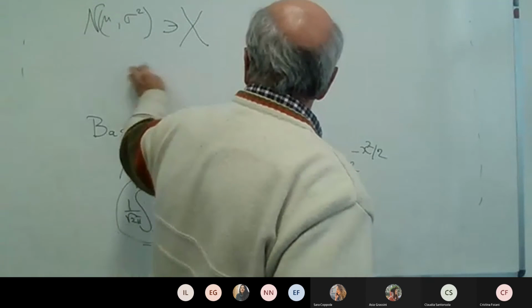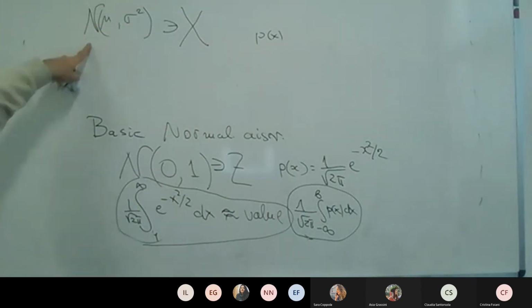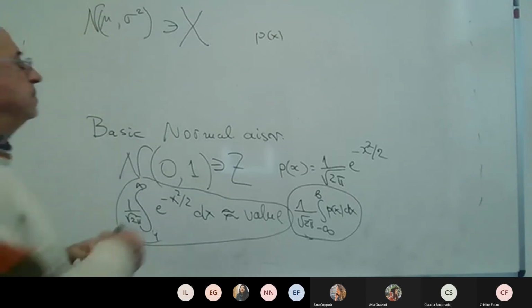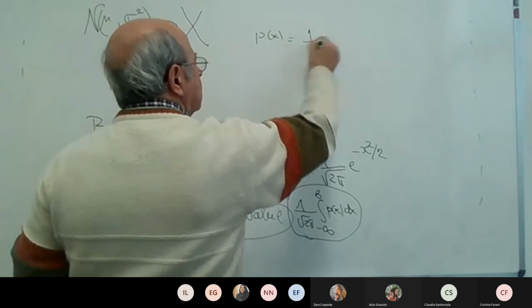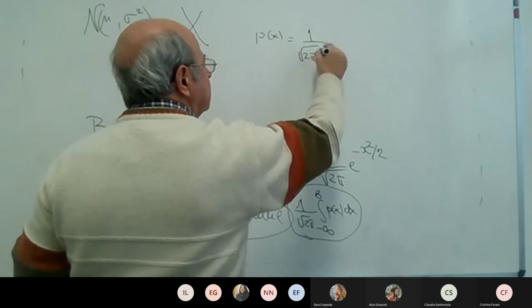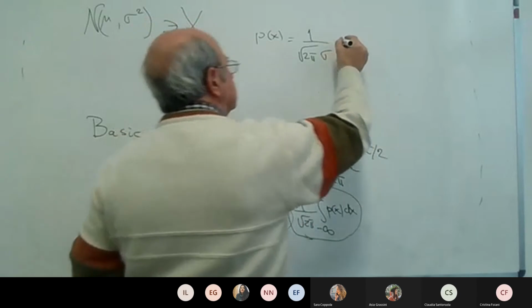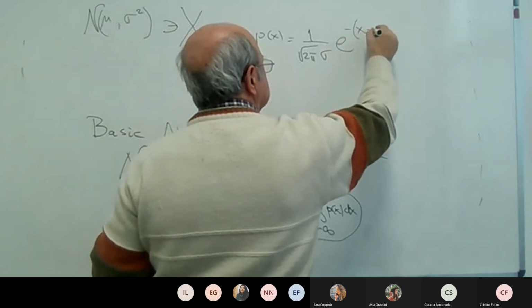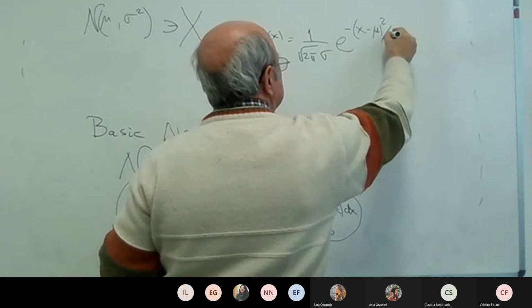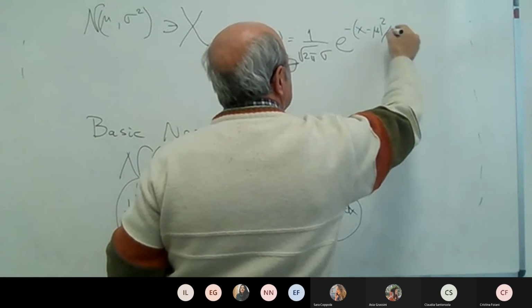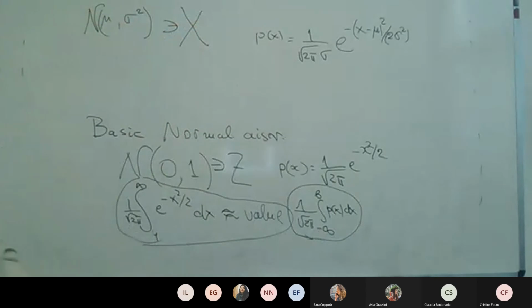To know that when we have the density of this normal distribution, this was 1 over square root of 2 pi sigma, and then e to the power minus (x minus mu) squared divided by 2 sigma squared. This was the distribution when we used the parameters mu and sigma.